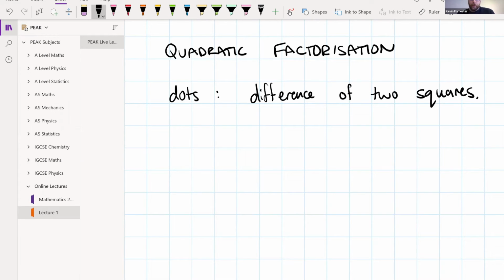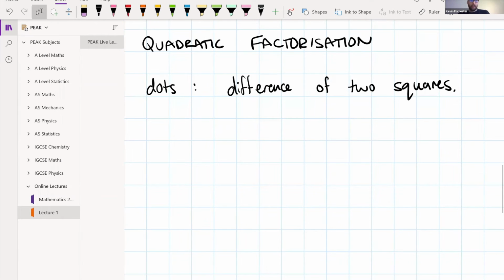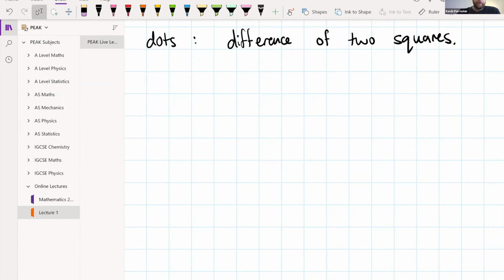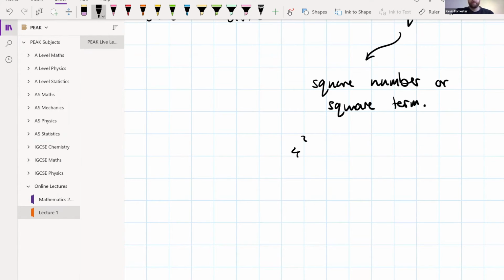And what would be two squares? That's quite weird. Are we dealing with shapes here, or are we dealing with algebra? A square is basically just a squared number or a squared term. So examples of this would be like 4 squared, which is 16.